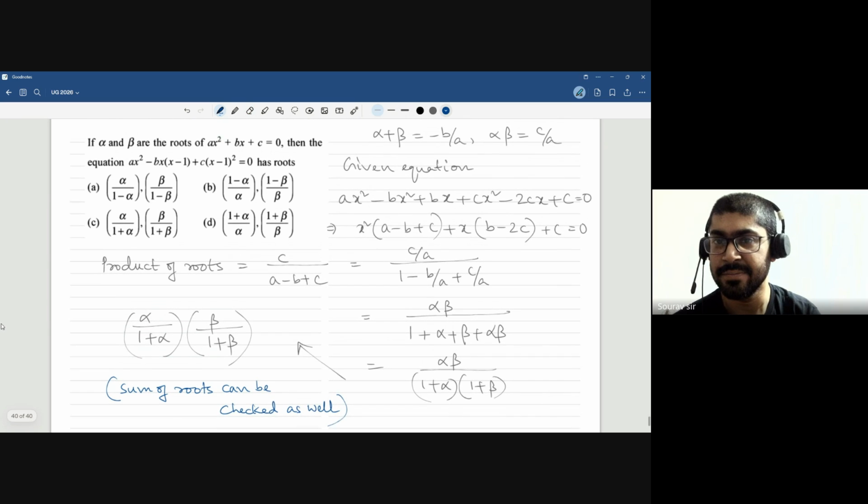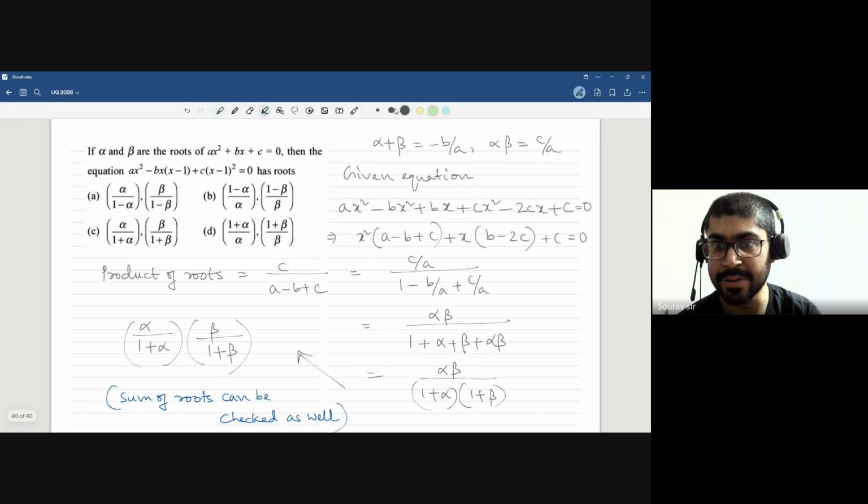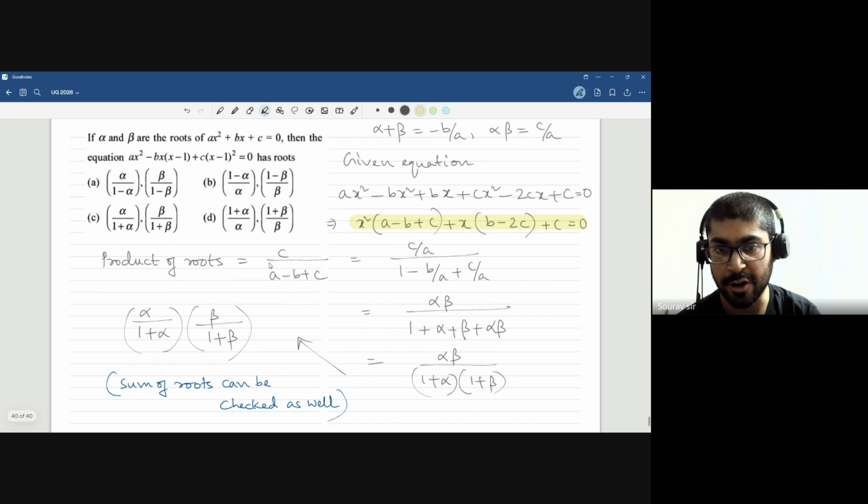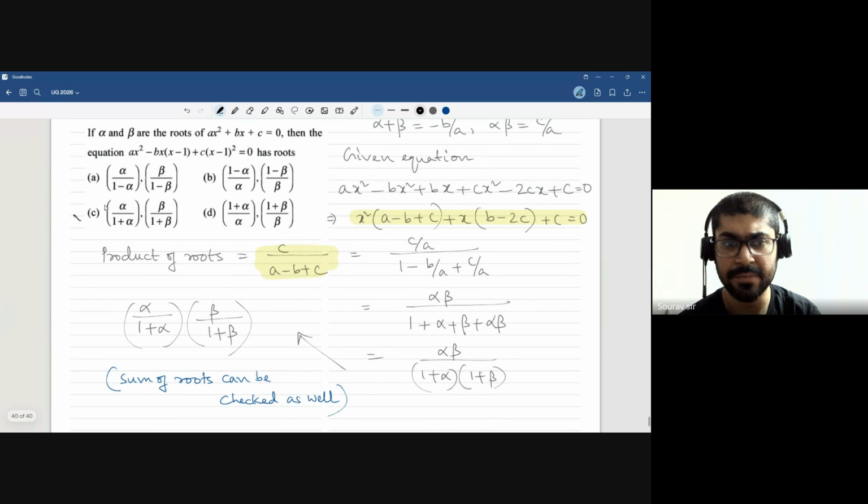This is much easier. First transform this equation into a standard quadratic form and then use the product of the roots, divide by a, that is the important step. And that's it. You will get option C as the correct one.